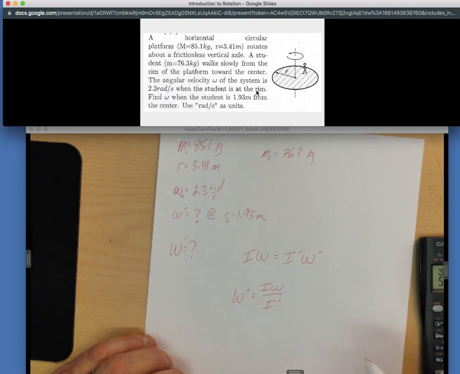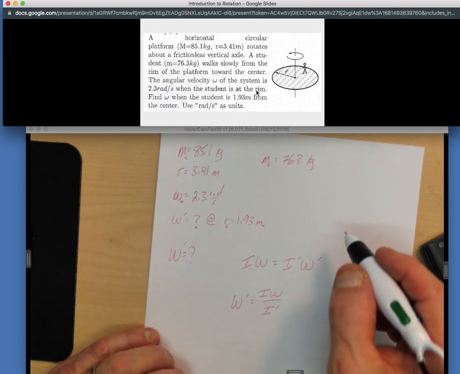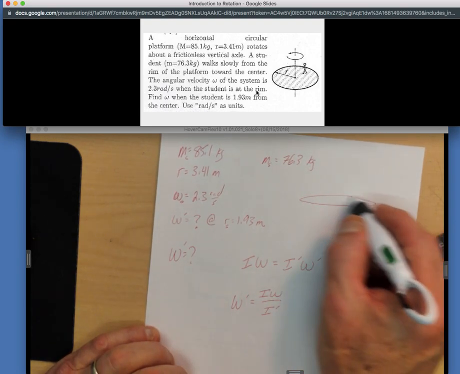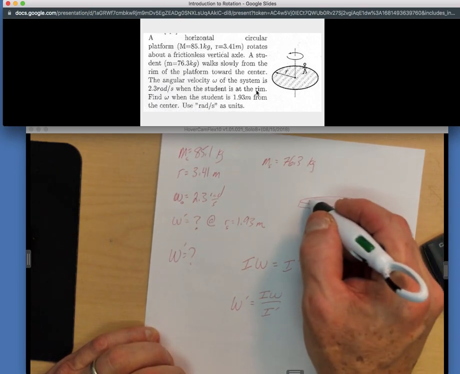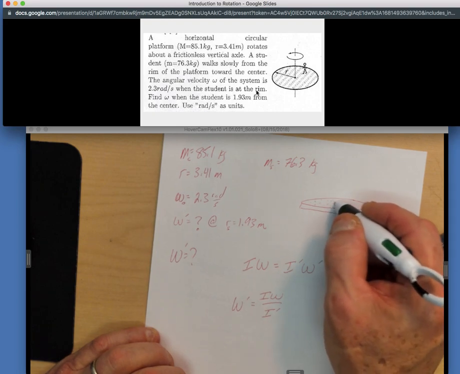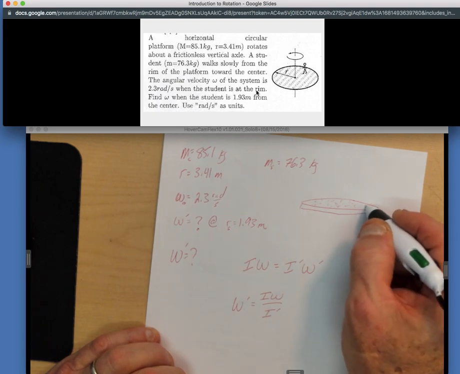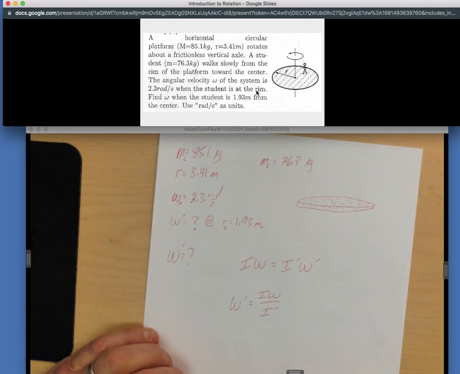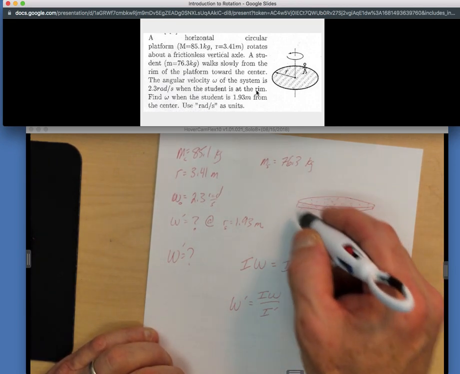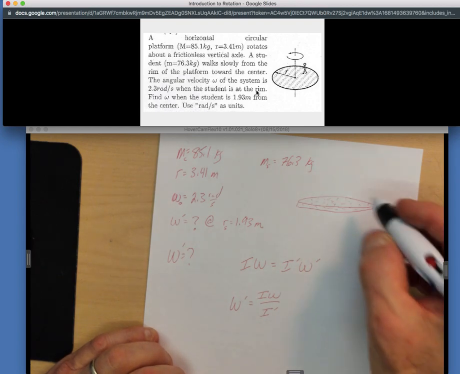And so that's I initial. Well, let's find out I initial, right? So this is a little bit weird, but not terribly so. It's the summation of all the point particles. The 1/2 mr squared will give me the moment of inertia of this disk. All those little iron particles, when you sum them, you get 1/2 mr squared.